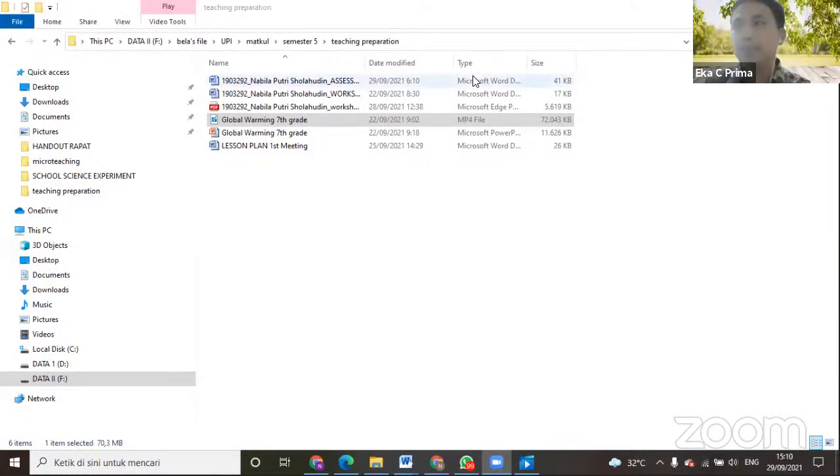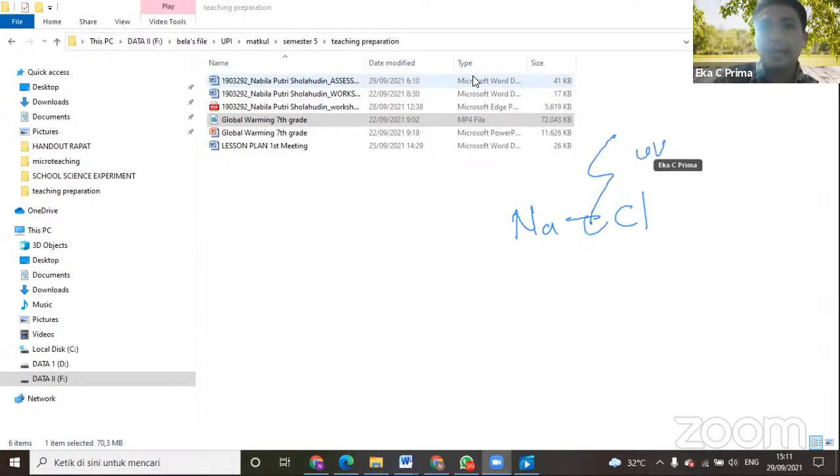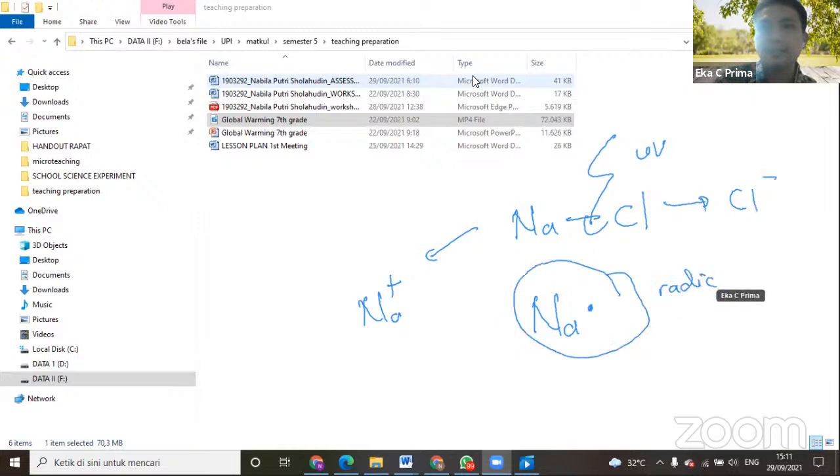Radical chemistry means that if, for example, I have sodium chloride, NaCl, when it is cut by UV ray, the Na here does not create Na plus ion or Cl minus, but keeps on as a radical.